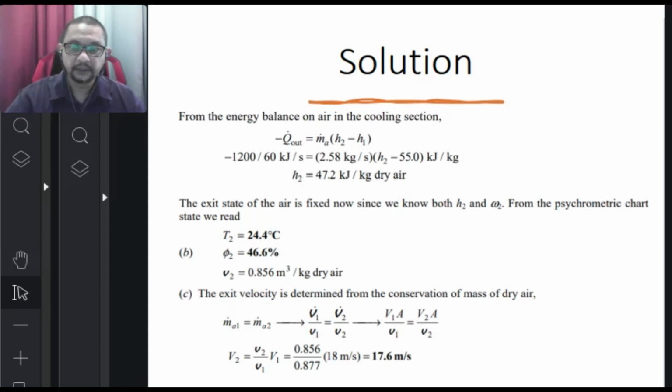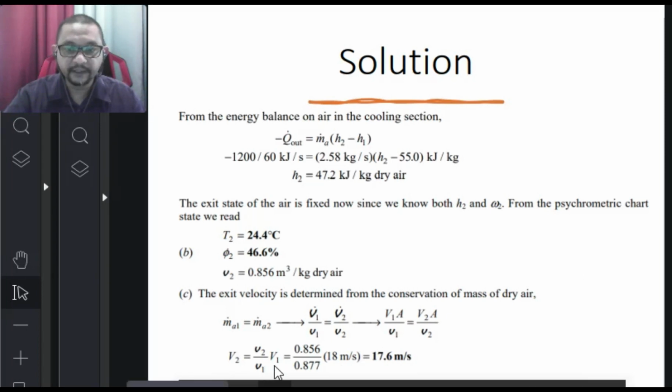Using the formula m dot a is equal to rho A V, simplify it: V2 is equal to specific volume 2 over specific volume 1 times velocity 1.